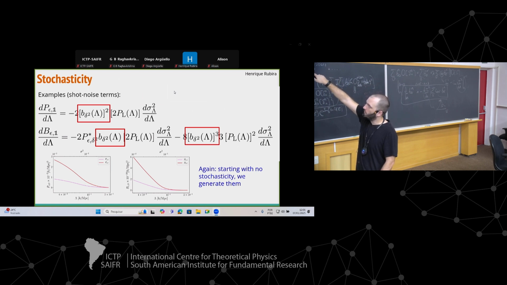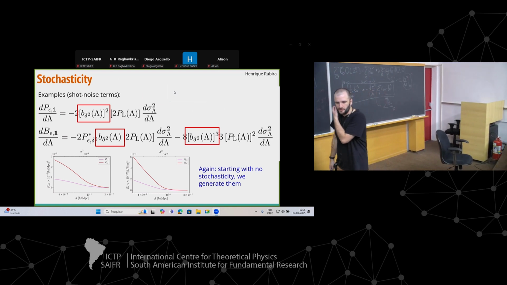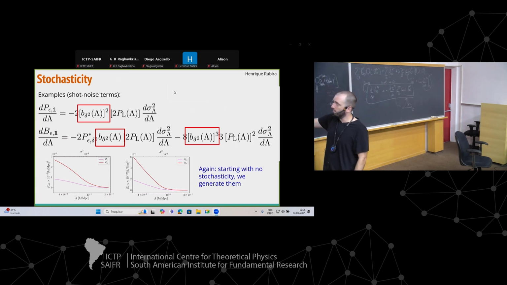You can see the running here. It's really nice because suppose you want to do an analysis in which you don't have any stochasticity. If you just run from lambda to lambda prime, stochasticity is also generated. Delta square generates stochasticity to all orders. So delta square is the devil, it's going to generate stochasticity.